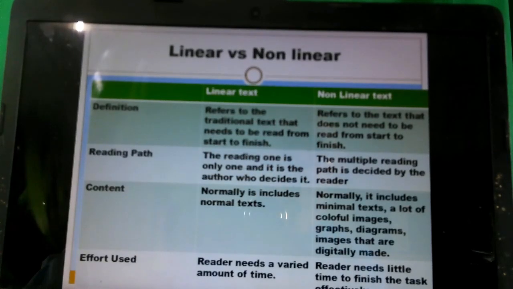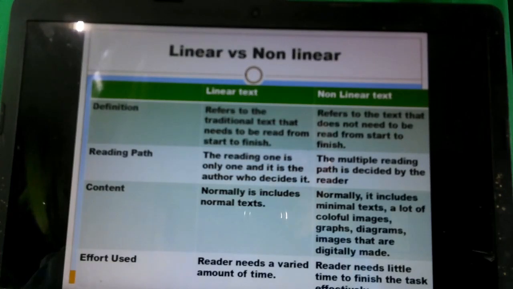While in the nonlinear text, the multiple reading paths are decided by the reader. How about the content? Normally, the linear text includes normal texts, while the nonlinear text includes minimal texts, a lot of colorful images, graphs, diagrams, images that are digitally made.